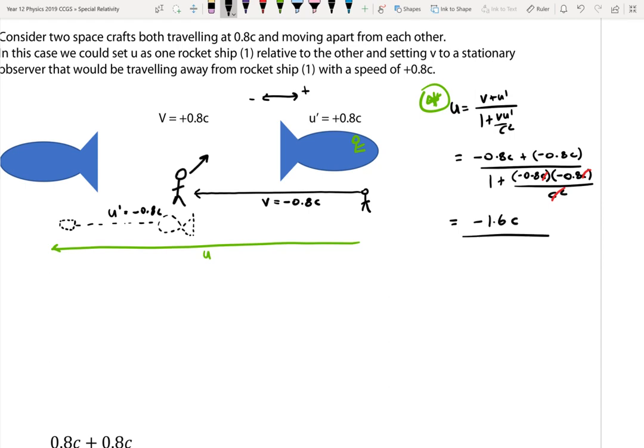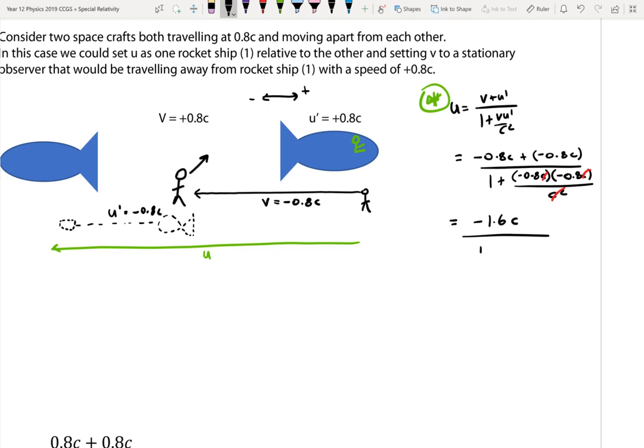Of course, that is not the case. Look what happens in the fraction in the denominator. We get negative 0.8 times negative 0.8 is positive 0.64. And if we add a positive 0.64 to a 1, oh look, we've got a value that's larger than the numerator.